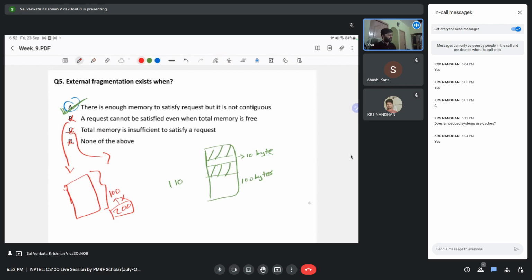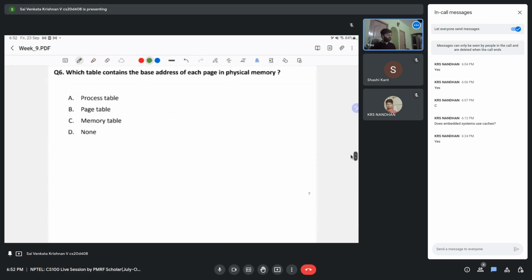So the correct answer is option A, the case where external fragmentation exists. Any doubts in this question? If not, we'll move to question 6.